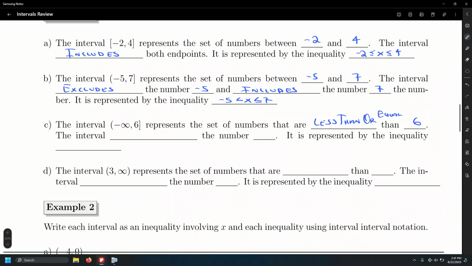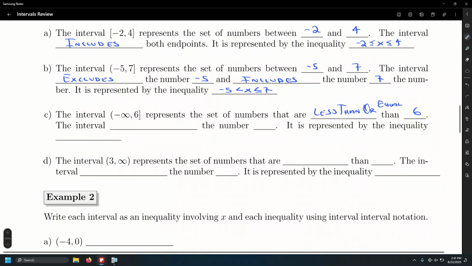And then the interval includes the number 6. And it is represented by the inequality. Okay.